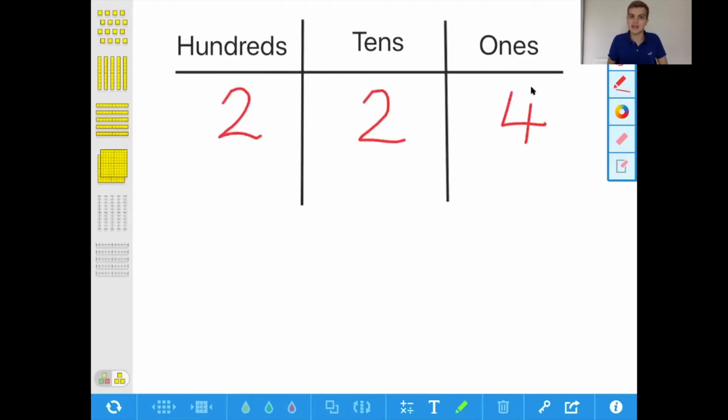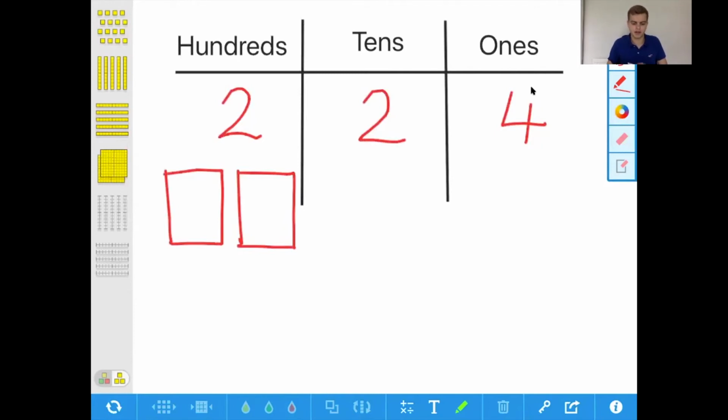Fantastic. Next then, underneath, we are going to represent that by drawing hundreds, tens and ones. And this is what we did last lesson. Can you remember? So in my hundreds column, I've got 2 lots of 100. So I'm going to draw 2 hundreds, because hundreds we represent like that, don't we? Fantastic. I wonder if you can draw the tens and the ones for this number. Have a go at that now.